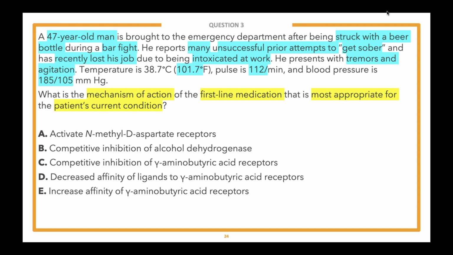C, competitive inhibition of gamma aminobutyric acid receptors. B, competitive inhibition of alcohol dehydrogenase. And A, activate N-methyl D-aspartate receptors. So we're going to go ahead and open up that poll. Go ahead and select the answer choice you think is the best answer, and we'll talk about it in just a few seconds.